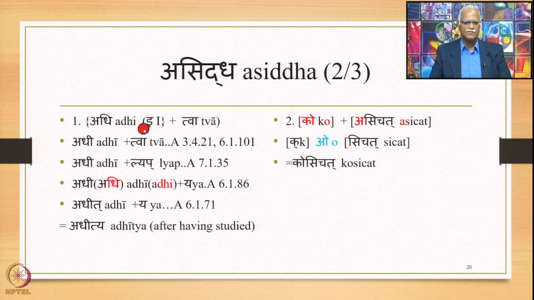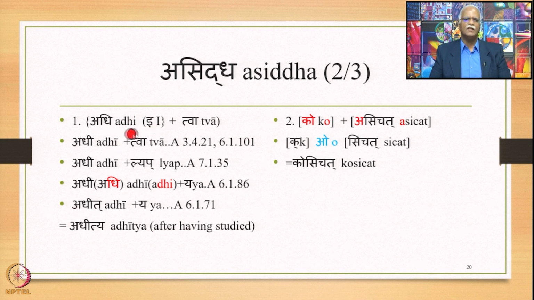You will not find this i without adhi. However, ktva is added only after i. So, there are parentheses on the left-hand side before i and on the right-hand side after ktva. So, technically ktva is added to i. However, this i does not occur without this preverb adhi. So, there are these curly brackets indicating that this is one unit.